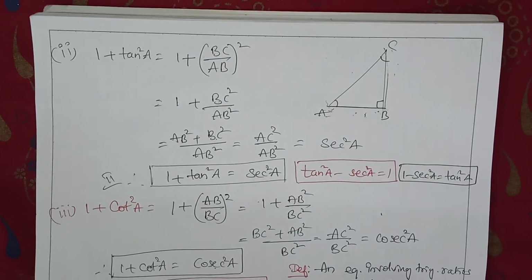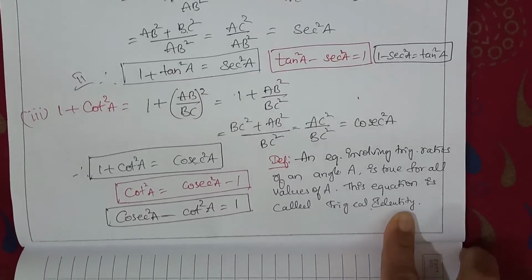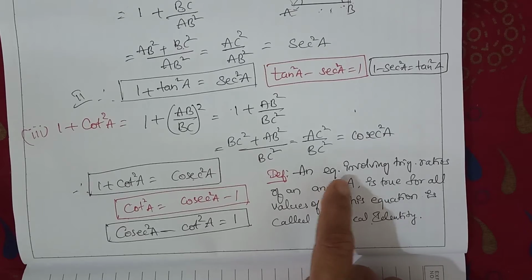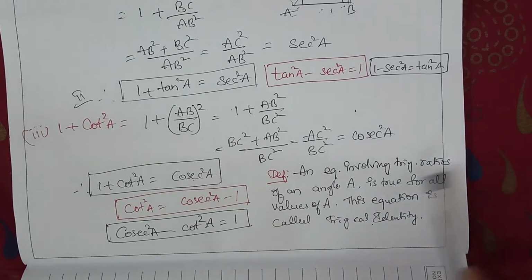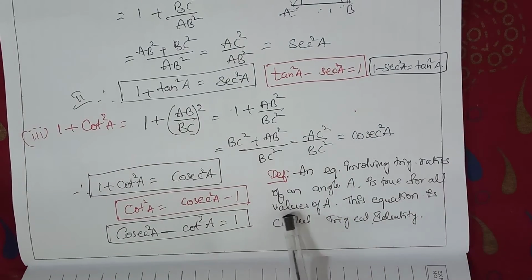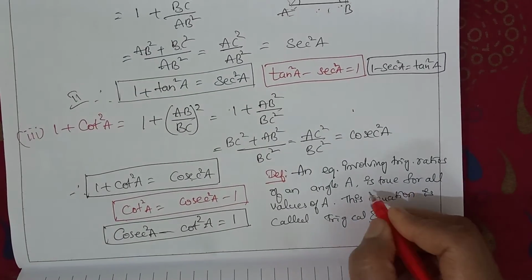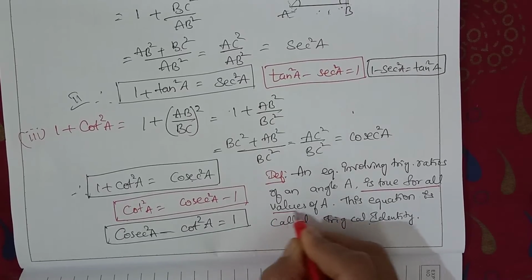Once again I'll repeat, children. What I said, the trigonometrical identity: an equation involving trigonometrical ratios of an angle, acute angle, is true for all values of the angle.